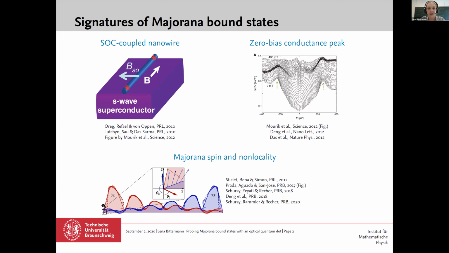You can also define a Majorana spin angle with the electronic components of the wave function. And for increasing the Zeeman field, the angle of the right Majorana tilts here at this boundary. These are all electronic probings, and we want to investigate the photon emission.